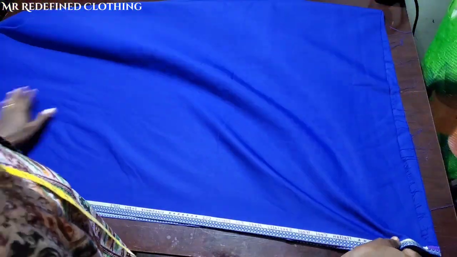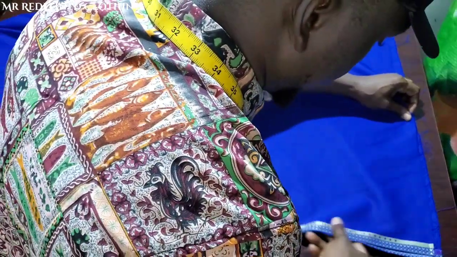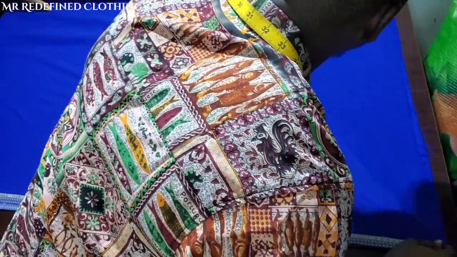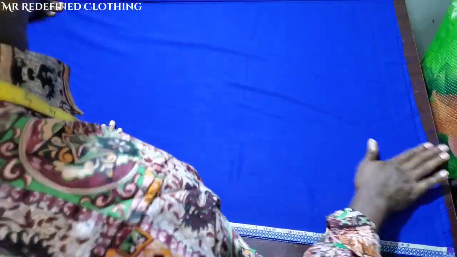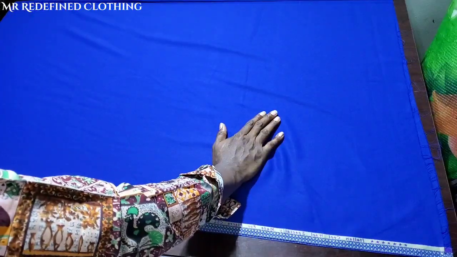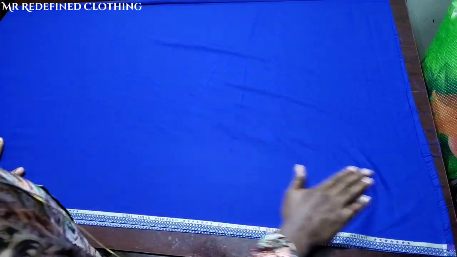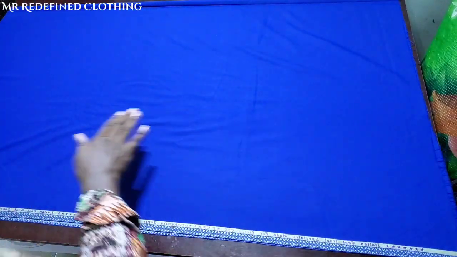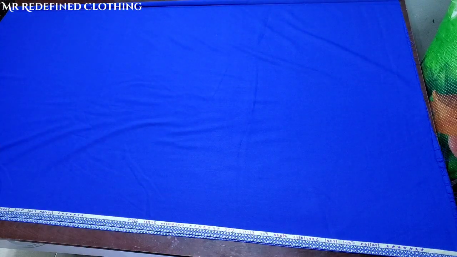You should also note that you are not allowed to draft your outfit when the fabric is rumpled or folded. If your table is not long enough, bring a stool and pack the excess fabric on top of the stool.